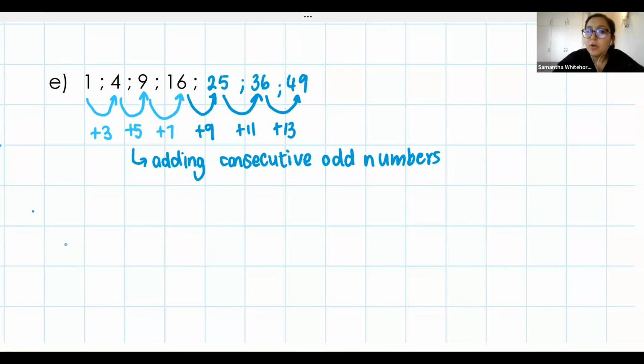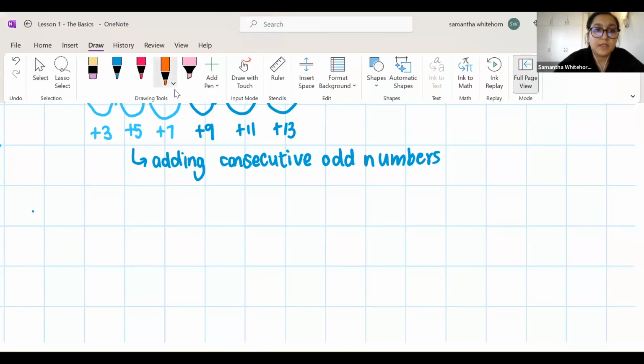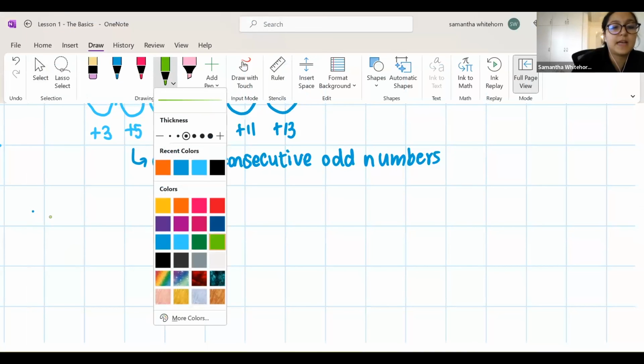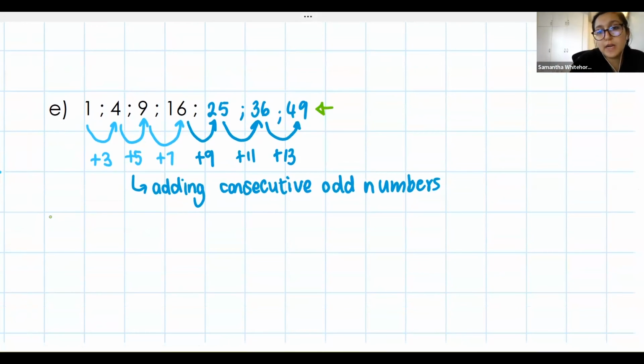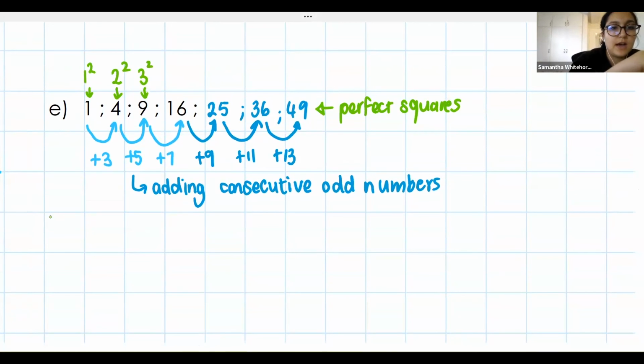But I really hope that we're also noticing that these numbers are also very special types of numbers over and above that. If we look at these numbers that I've got here, they are what we call perfect square numbers. And the reason they are perfect squares is if I take 1 squared, I get 1. 2 squared is 4. 3 squared is 9. 4 squared, 16.